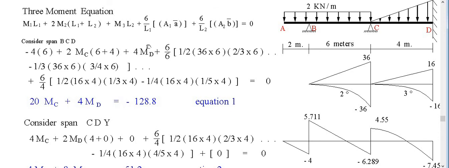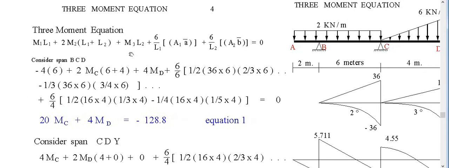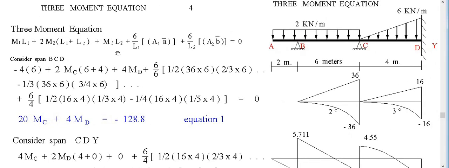Now two spans at a time, so you consider BCD alone, excluding AB, because we are considering BCD only. On the left, the true moment at B is 2 times 2 times 1.